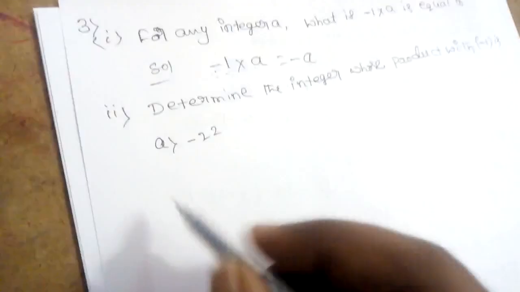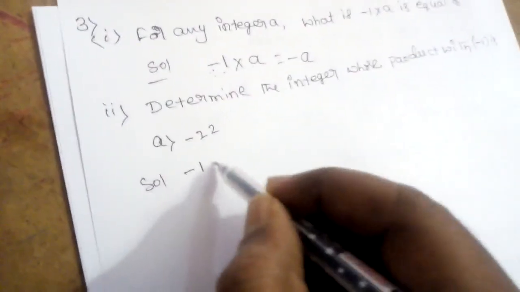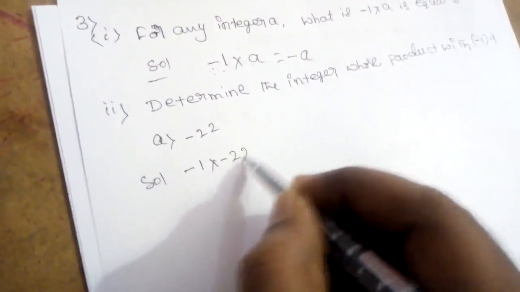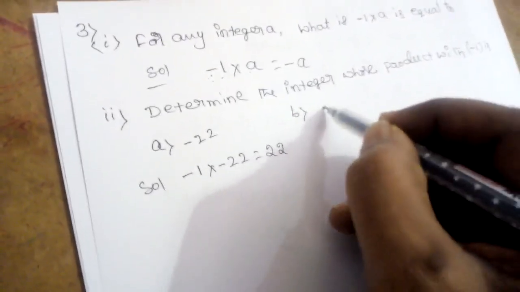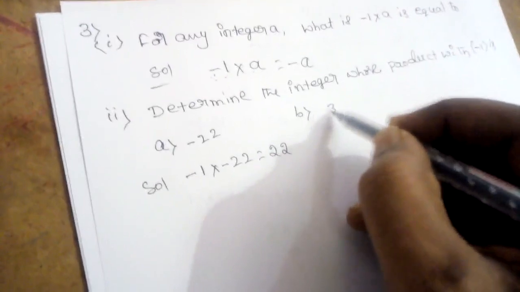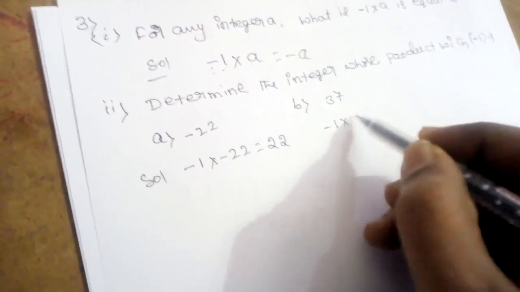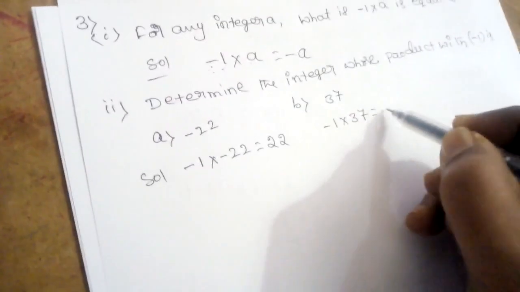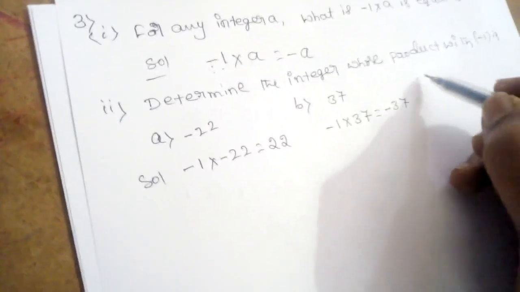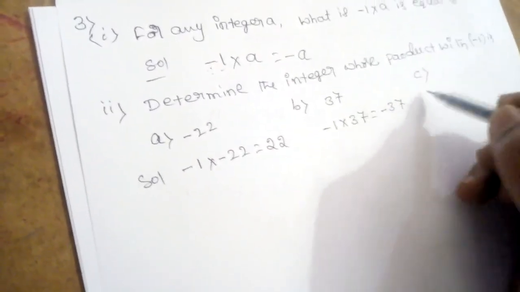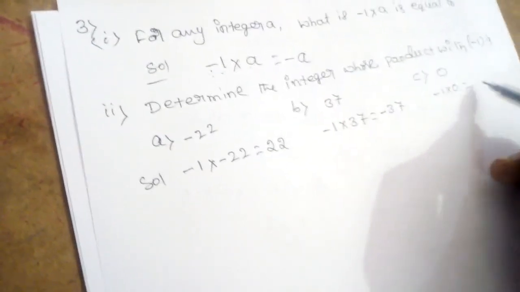Go to the product with minus 1: minus 1 into minus 22, here plus 22. B: 37 given. Go to multiplication with minus 1. Minus 1 into 37 is minus 37. C: here 0 given. So minus 1 into 0 equals 0.